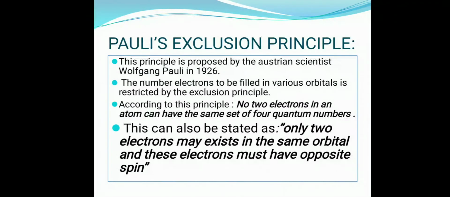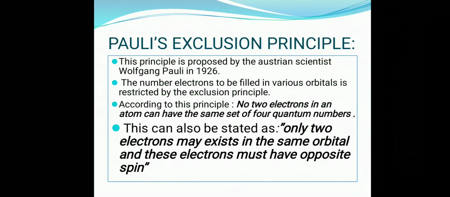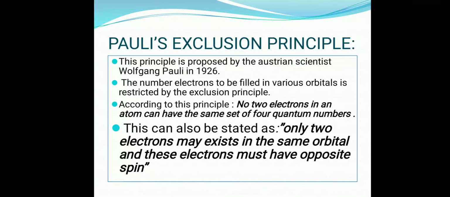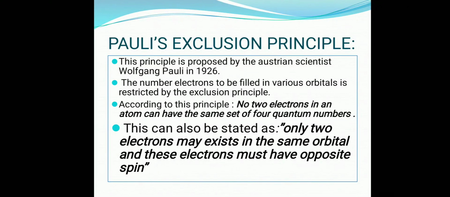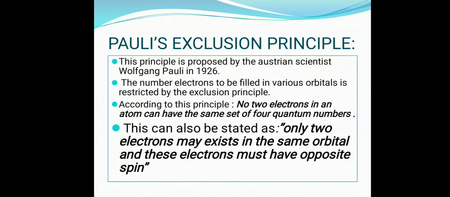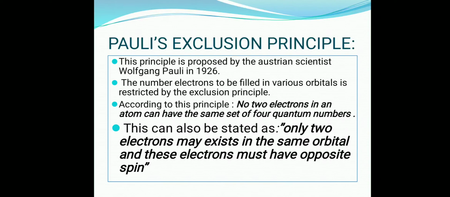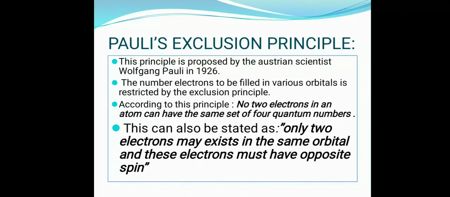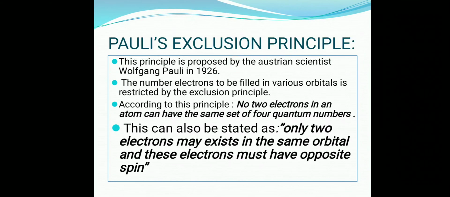According to this principle, no two electrons in an atom can have the same set of 4 quantum numbers. This means that two electrons can have the same value of the 3 quantum numbers n, l and m. As we know, n means principal quantum number, l means azimuthal quantum number, m means magnetic quantum number, but they must have the opposite spin quantum number.